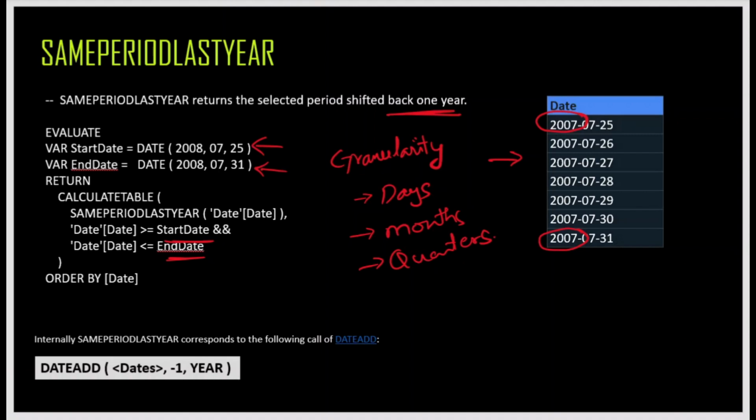So internally, same period last year corresponds to the call of DATEADD function, which we are going to see later. But DATEADD function syntax is this, in which we need to specify the dates, the offset, and the year. So here -1 means we want to shift the year back by 1 year.